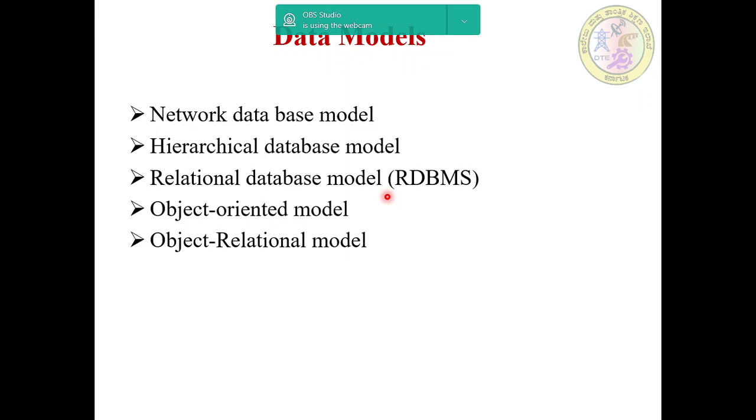It facilitates multiple views of the same database for different users. Relational databases can be used with little or no training. These are the main characteristics of the relational database model.